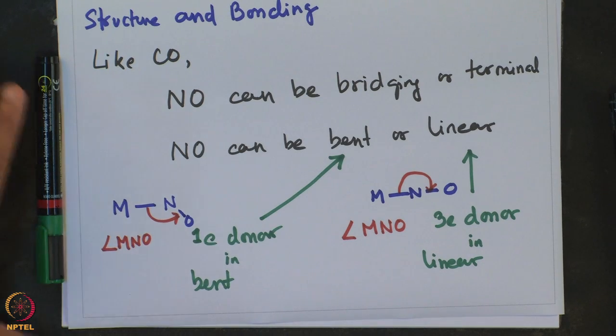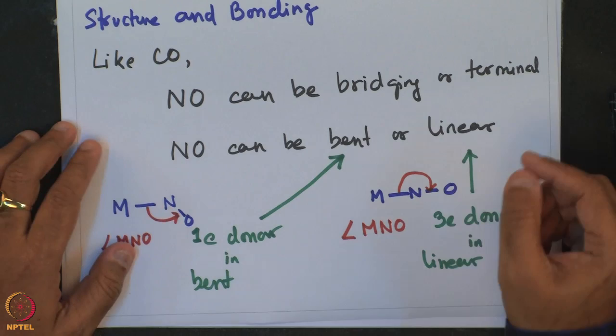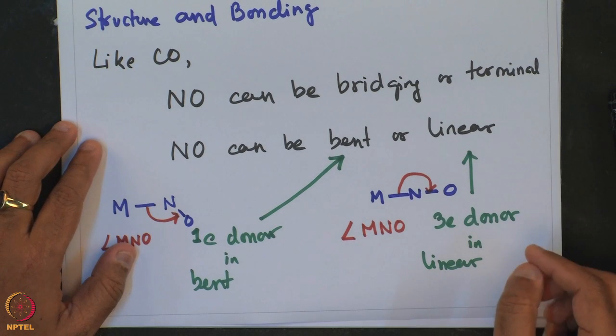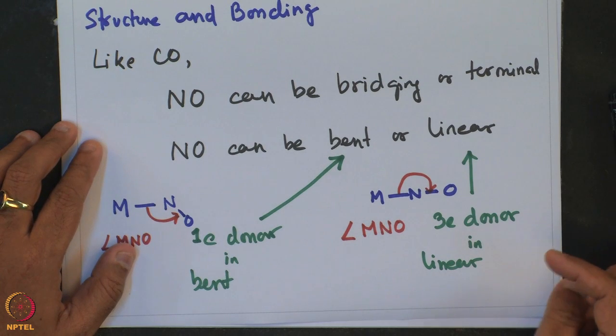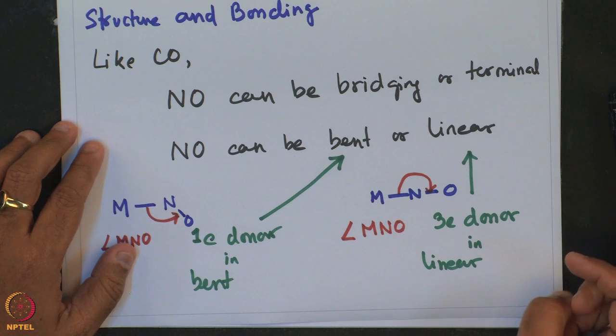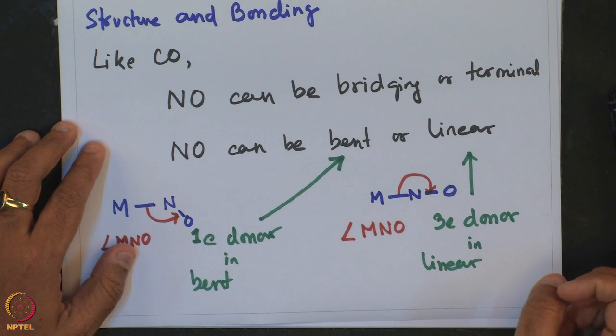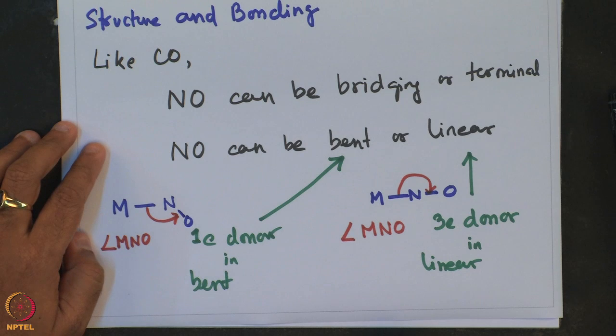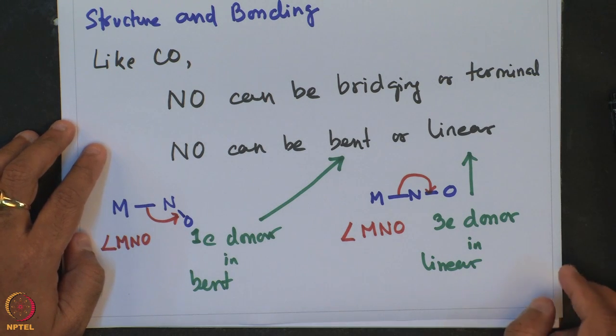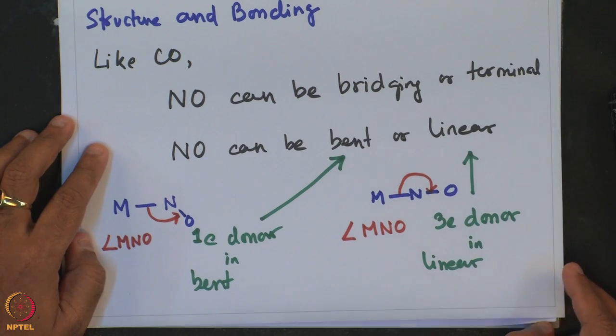Now, the bent or the linear form of binding can be easily discerned from X-ray crystallographic single crystal experiments, whereby one can measure the angle at nitrogen in the bent and the linear form of transition metal nitrosyl complexes.